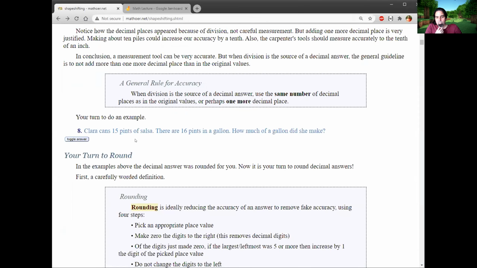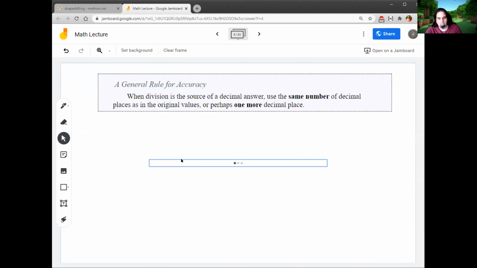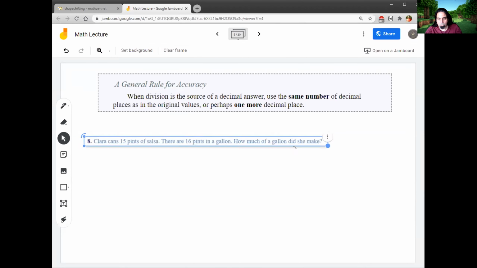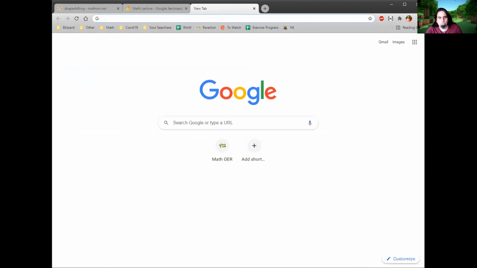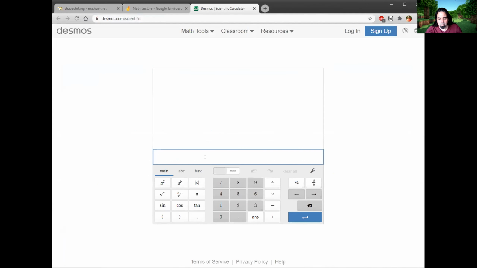So Clara cans 15 pints of salsa. There's 16 pints in a gallon. How much of a gallon did she make? I'll take out my calculator, so I need to go to the calculator. There we go. And she has 15/16.